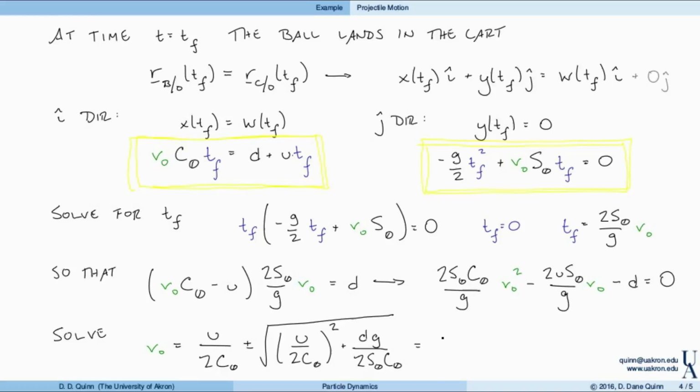Or, in particular, this is u divided by 2 cosine of theta. So I'm going to factor this term out of everything. And we have 1 plus or minus the square root of 1 plus 2dg times cosine of theta divided by u squared sine of theta.